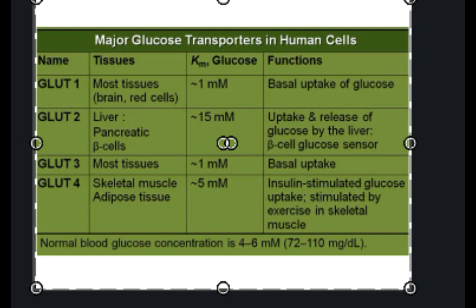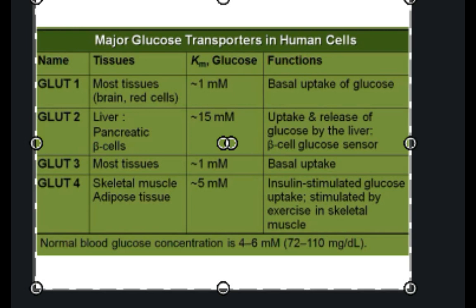It is a very uniform design: glucose transporter 1 and 3 are present on brain and RBCs, and they need glucose for their continuous work, and there is a continuous supply of glucose through these transporters.